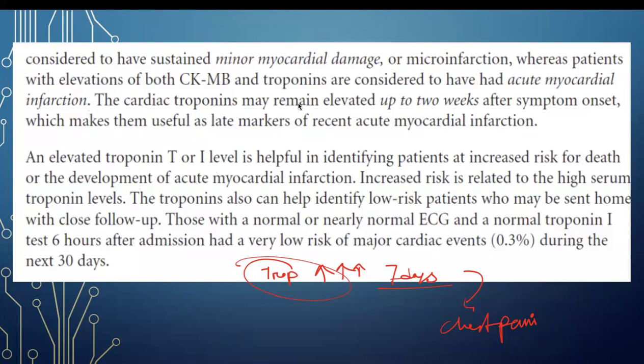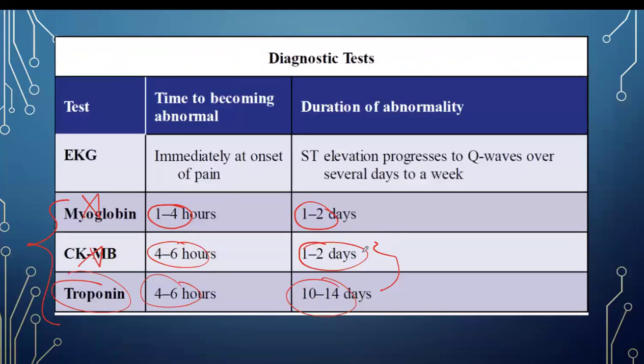Your best approach would be to do CKMB. Why? Because CKMB will be elevated for only 2 days. So if the reinfarction happens and CKMB is again high, you can confirm that there is a reinfarction. But troponin might still be elevated. That's why for reinfarction, we go for CKMB.